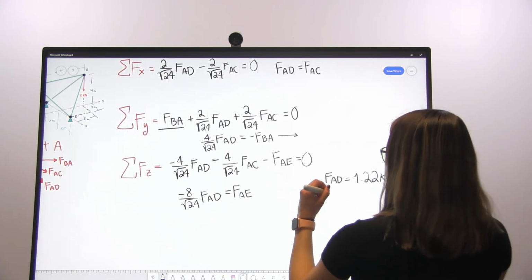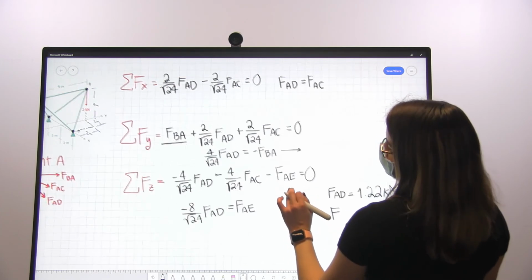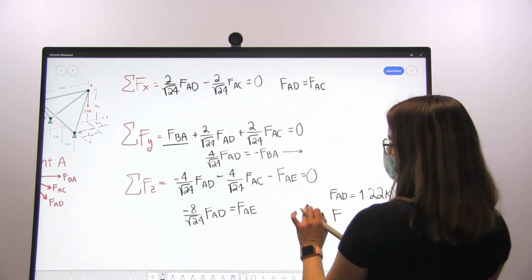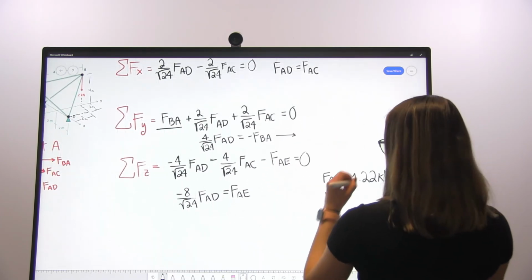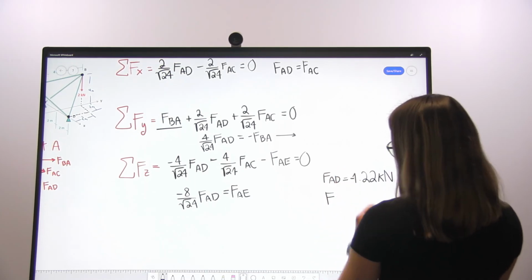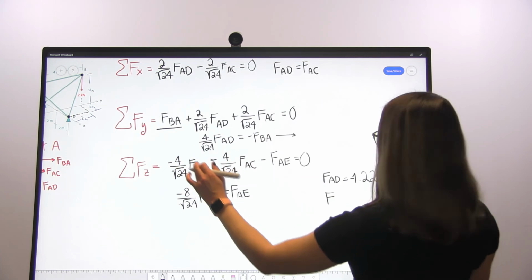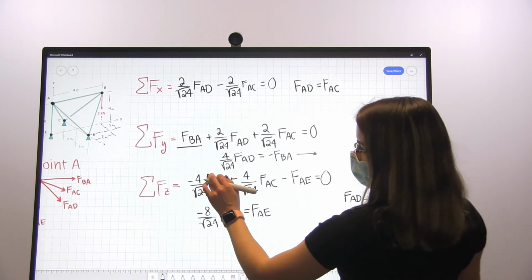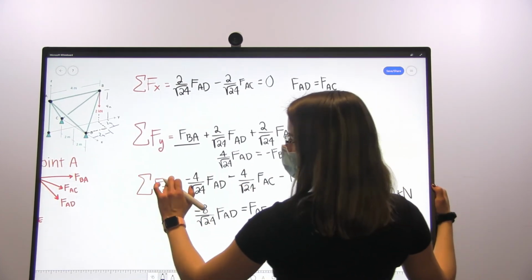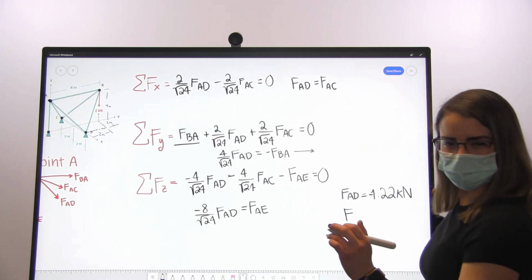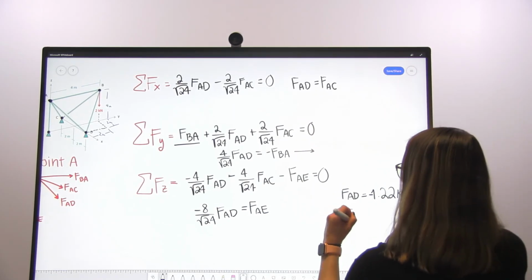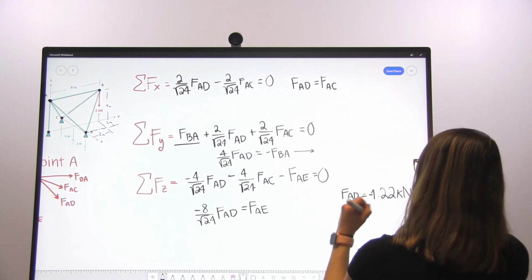Because we know FAD is equal to FAC, and that's going to be in the negative direction, FAC is going to be equal as well.